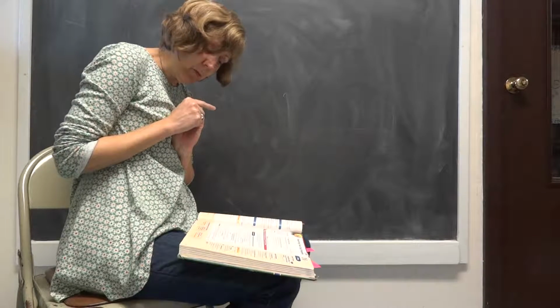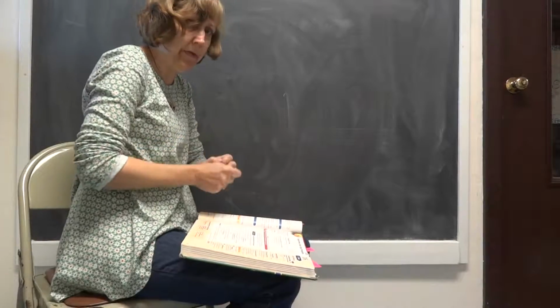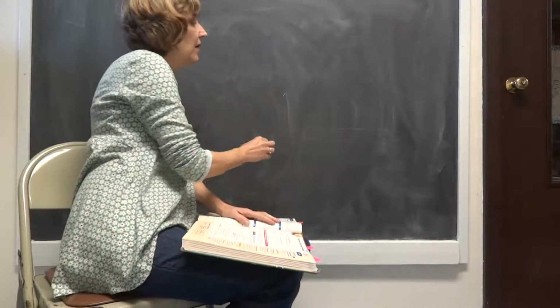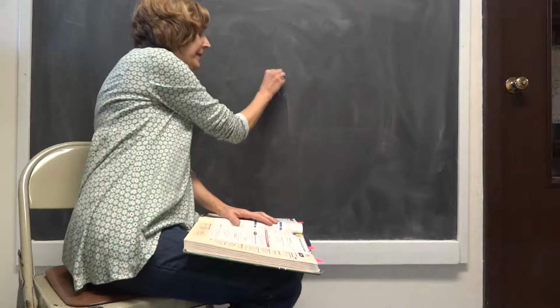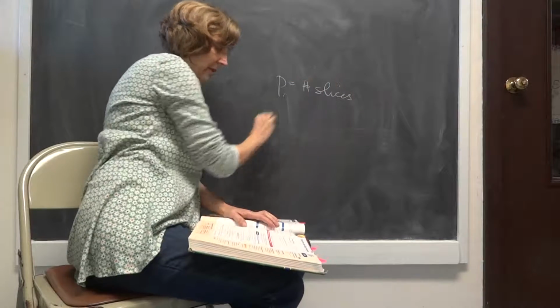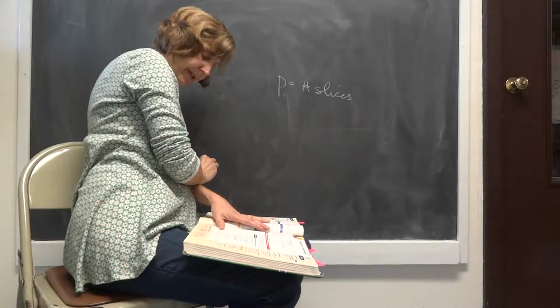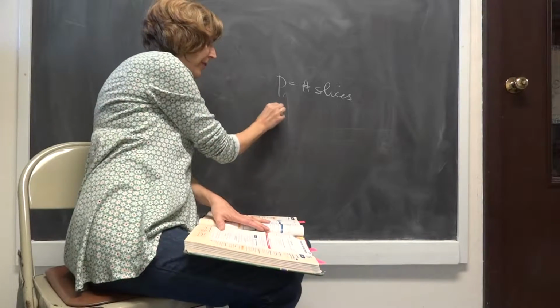Look at the Check Understanding 1. Define a variable and write an algebraic expression for 2 slices fewer than 1/3 of a pizza. We don't know how many slices there are in the pizza, but we're going to let P be the total number of slices of the pizza. And it says we've eaten 2 slices fewer than 1/3 of the pizza.